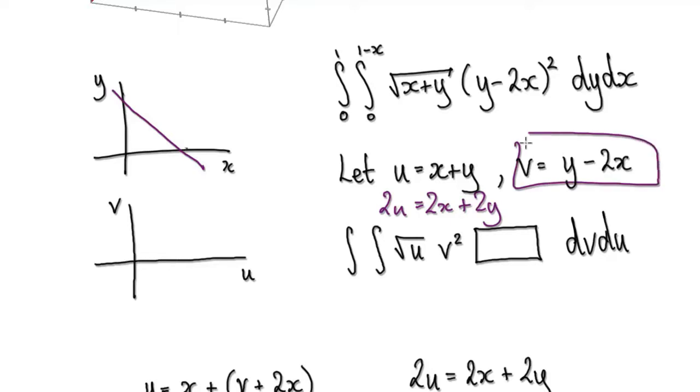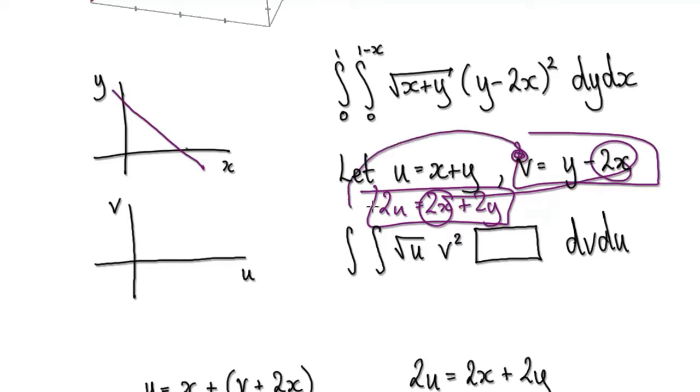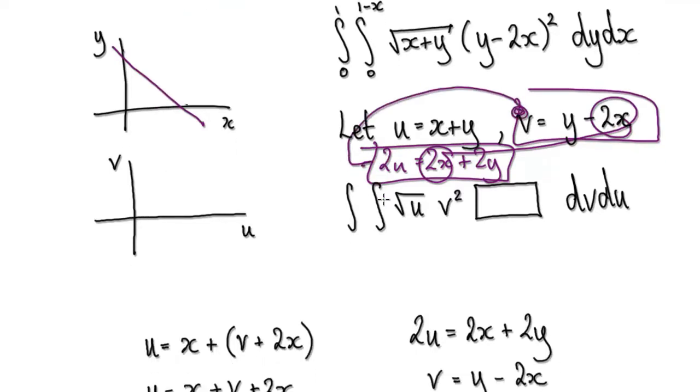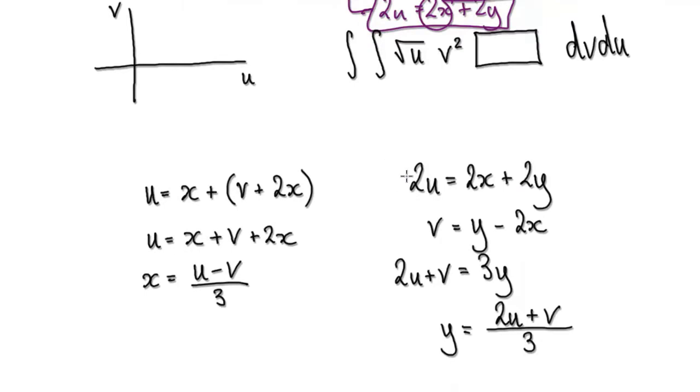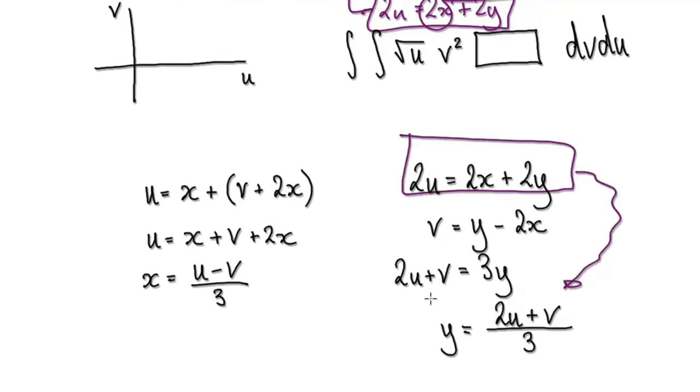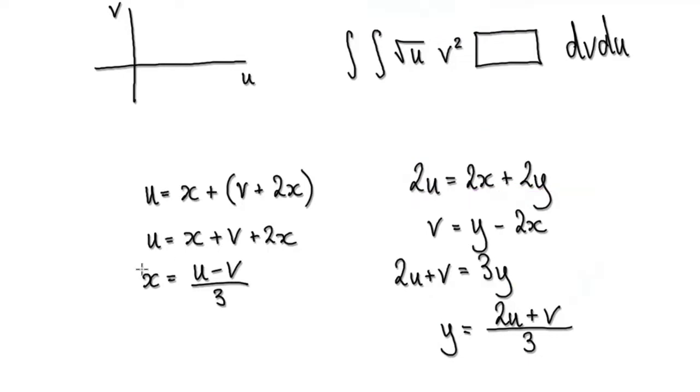So we can add these two together, and that will eliminate the x. So adding these two together, that will then give us this. And then rearrange it to make y the subject. So now we've got everything in terms of x, everything in terms of y.